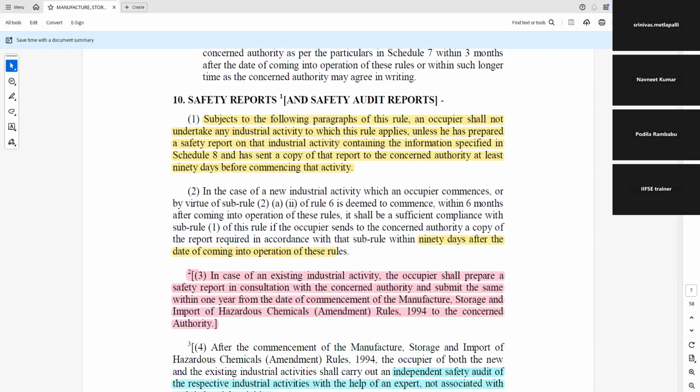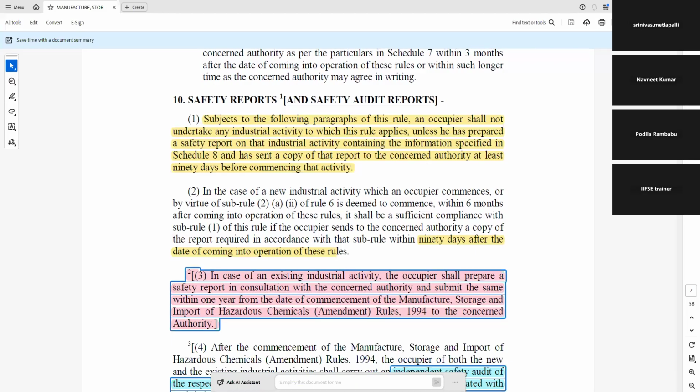Then Rule number 10, which is safety reports and safety audit reports. This is also one of the requirements. We used to conduct safety audits on a yearly or annual basis. Here, basically a third party or authorized, we can say competent person, also comes in.